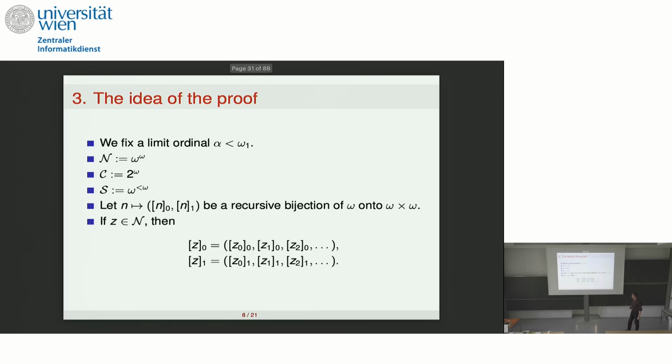If z is from the Baire space, an infinite sequence of integers, then we can apply this mapping, bracket 0 and bracket 1, to z coordinate-wise. So z can be considered as a pair of two infinite sequences of integers.